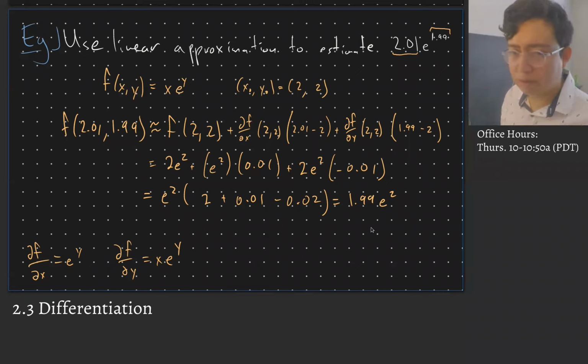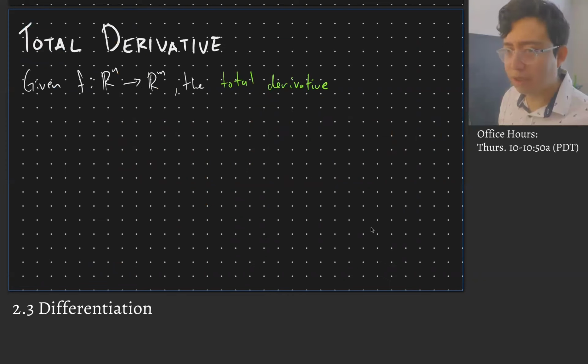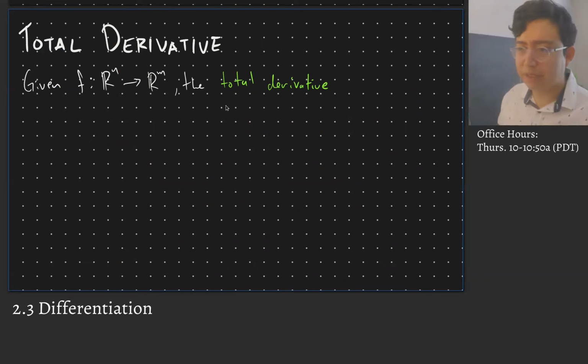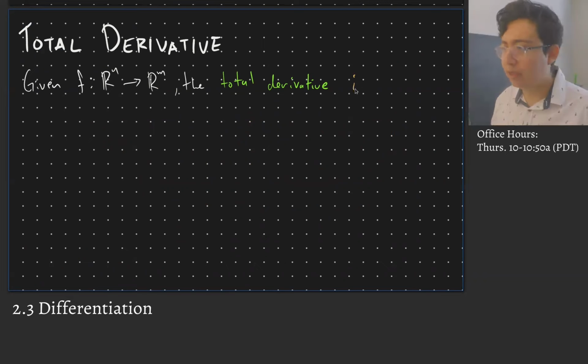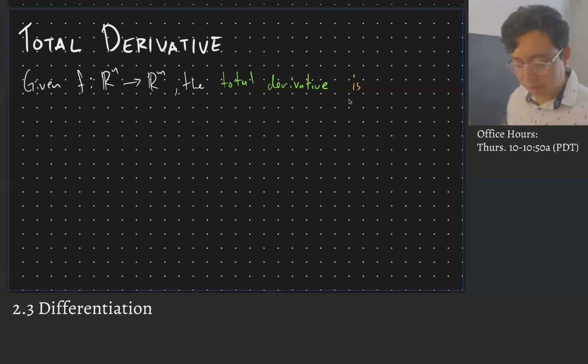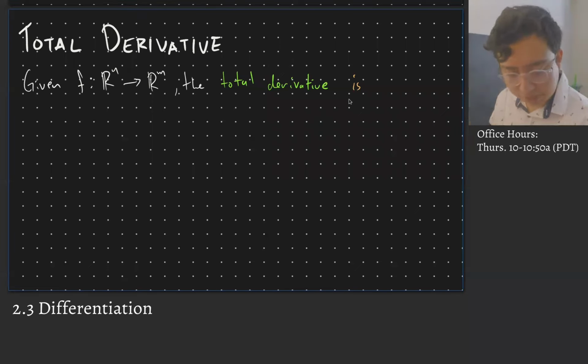So the next page here, we're talking about something called the total derivative. We talked about partial derivatives, which were for scalar valued functions in several variables.